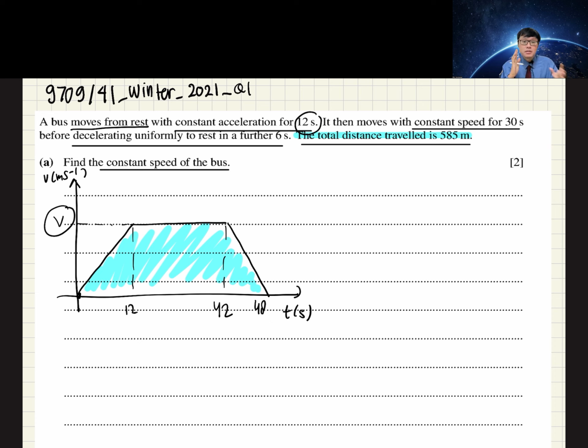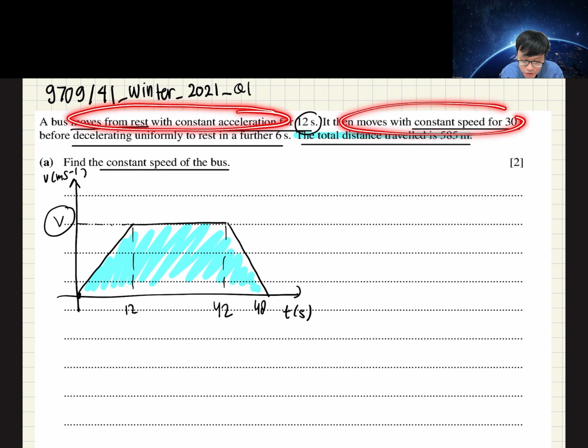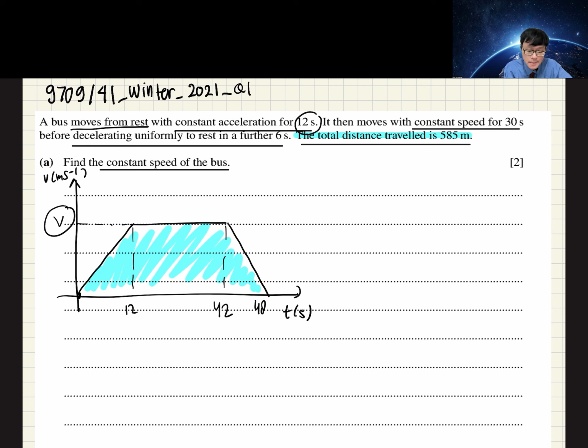Now, we can use SUVAT, with different distance formulas within each stage, and then you add them all. But for a question that involves a multi-stage problem, it's better if you use a graph. It's easier. So the total distance is 585, and that is basically the area of a trapezium.